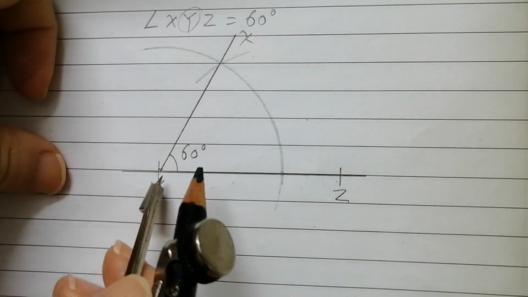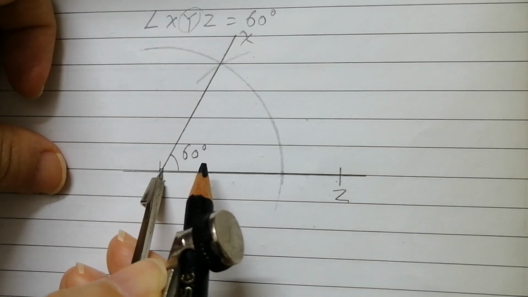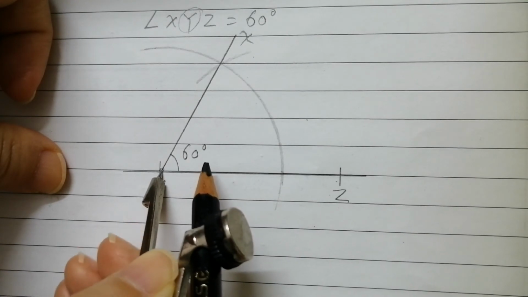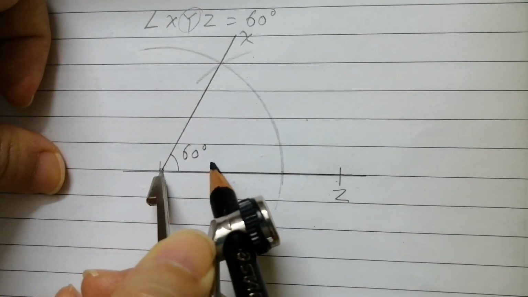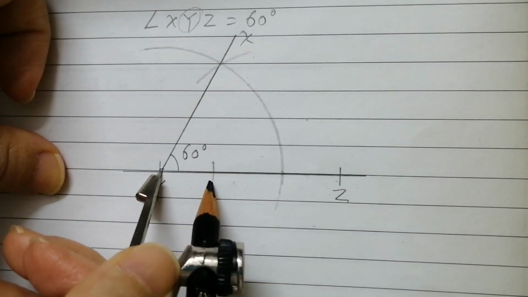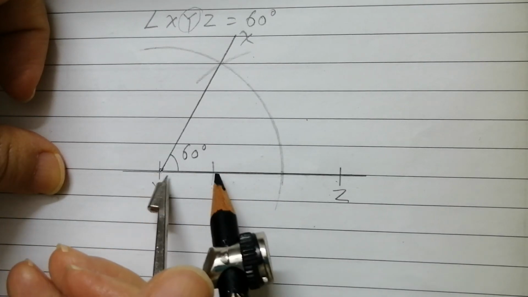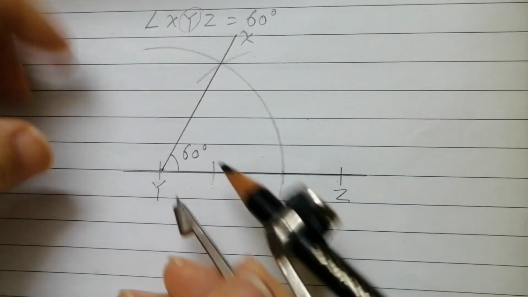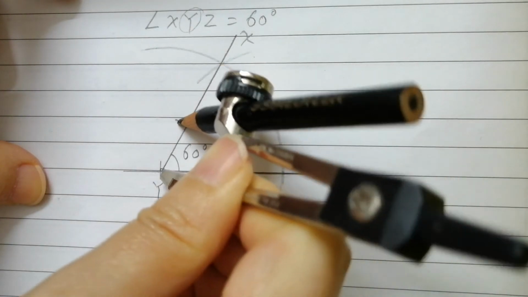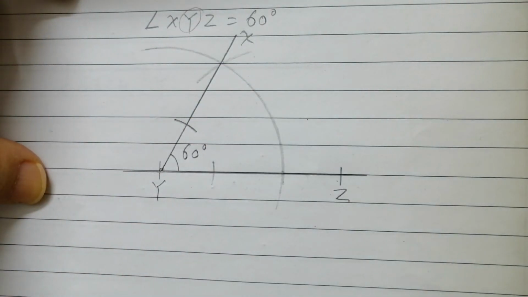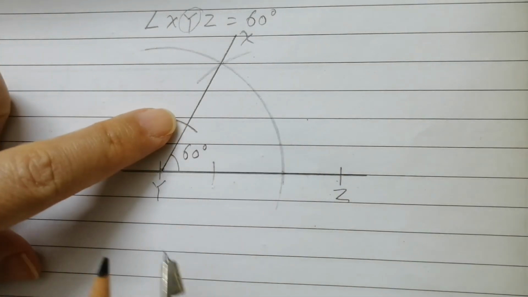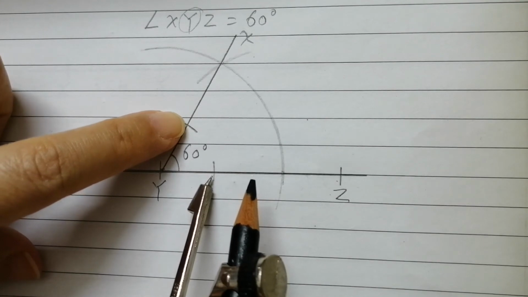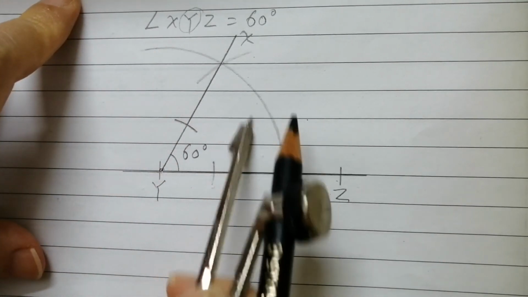I put the sharp part of the compasses on point Y, and then I draw an arc here by using the same length. I will draw another arc here. After that I will use these two arcs to draw an intersection point.